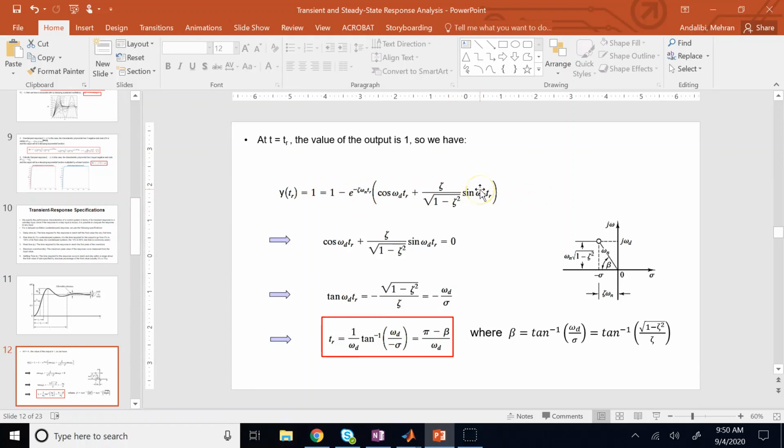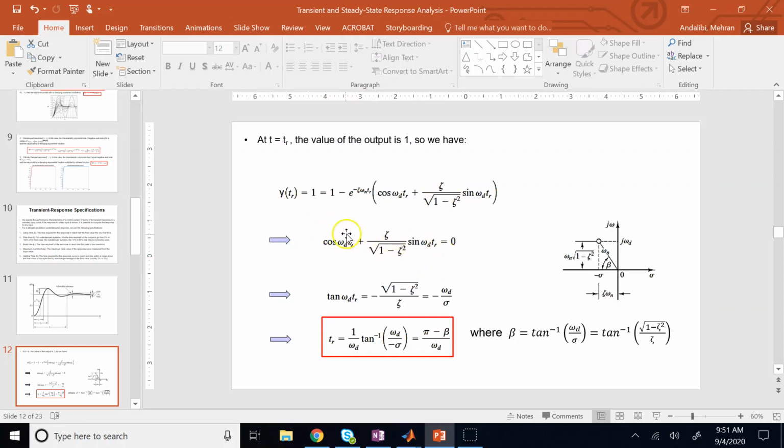That time will be rise time. Well, the two ones would cancel out. So this whole exponential, cosine, sine term should be 0. And we know an exponential can never be 0 until t is infinite. So the term inside the parentheses should be 0.